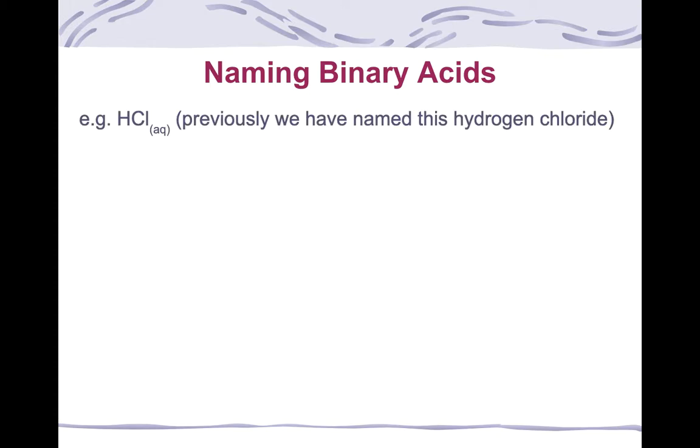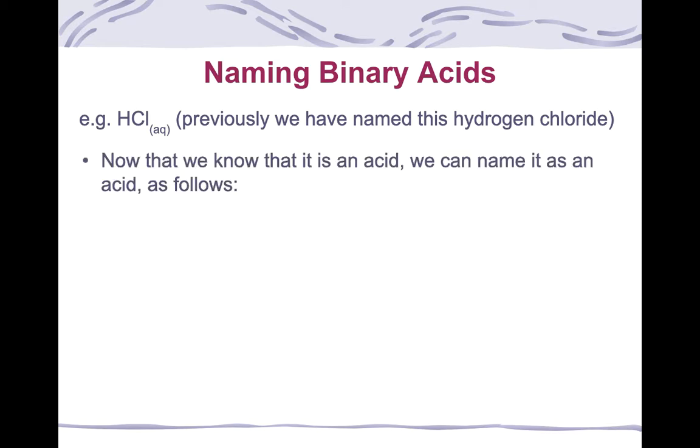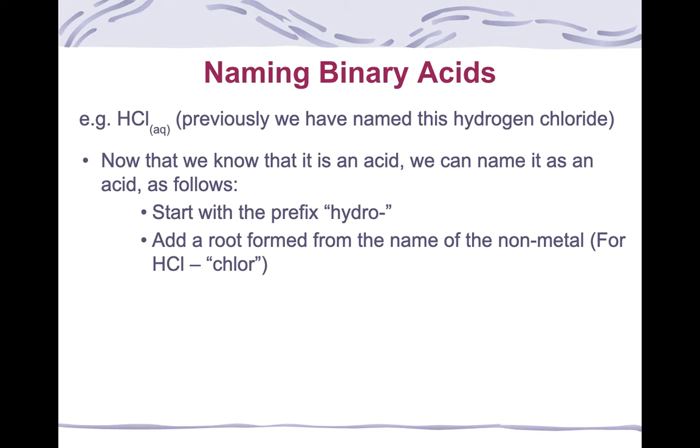Here's HCl. Previously we have just named that hydrogen chloride, which is what it is when it's a gas. But once it becomes dissolved in water, it's now an acid and needs to be named differently. So how do we do that? We start with the prefix hydro. Then we add a root that's formed from the name of the nonmetal.